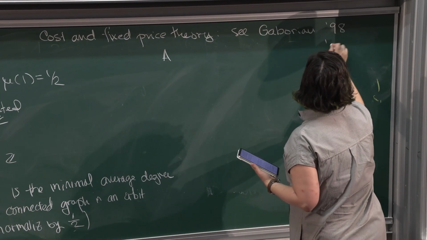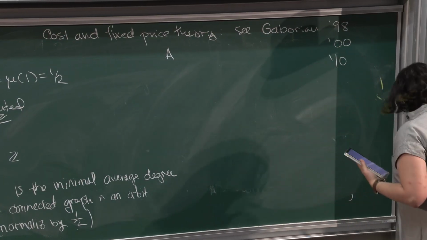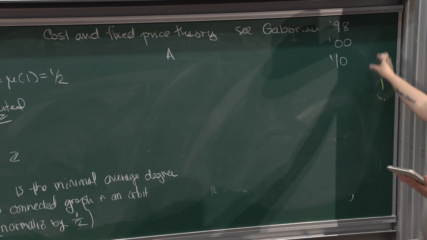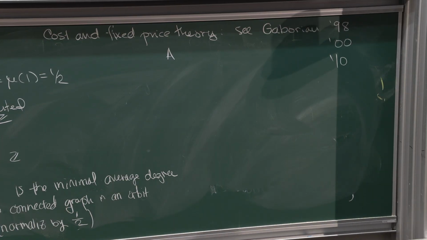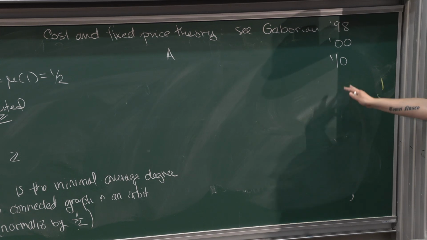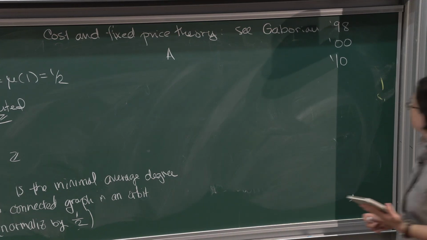There are probably more papers than this, but these two are important ones. They are written in French, which may or may not be an issue. There's also a short overview, "What is cost?", in the AMS Notices in 2010. That's a nice overview.